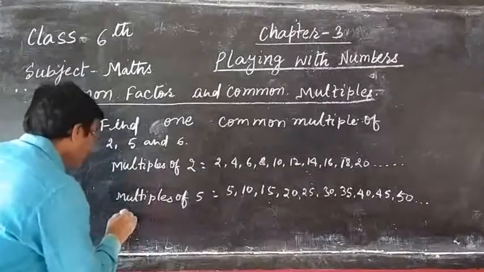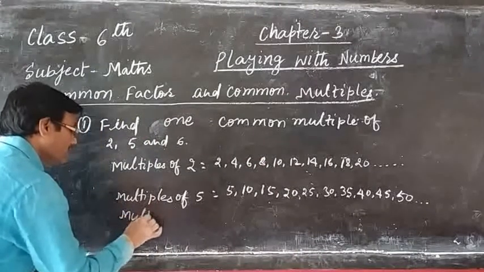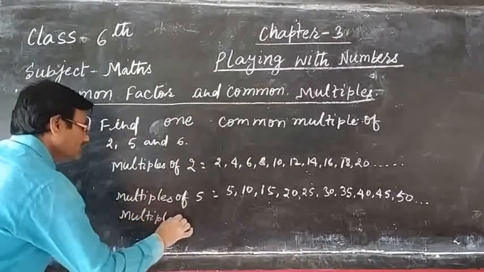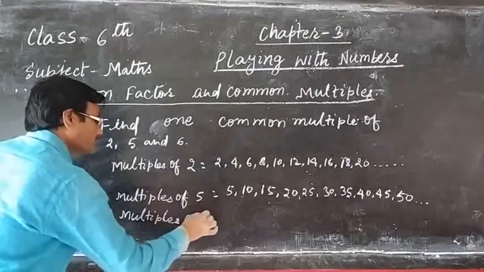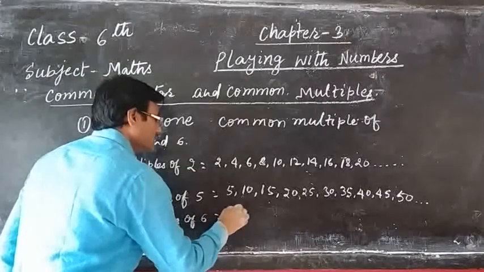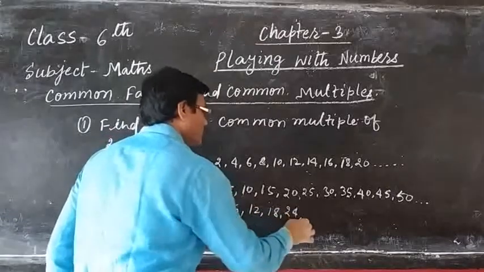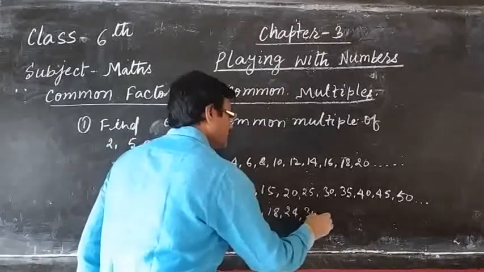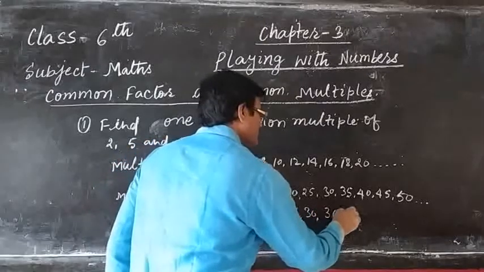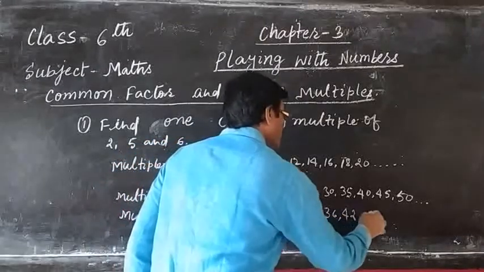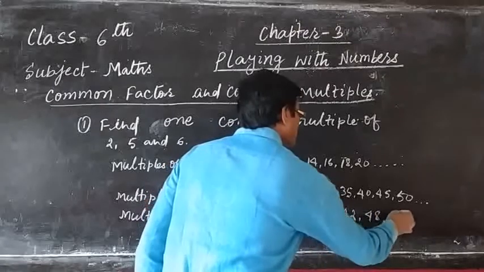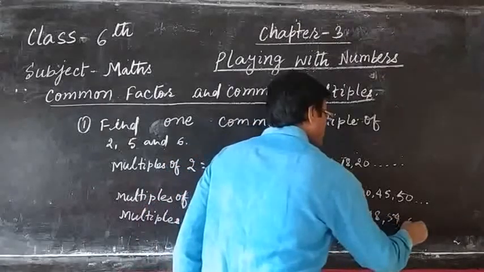So here multiples of 6 is equal to 6, 12, 18, 24, 30, 36, 42, 48, 54 and 60.